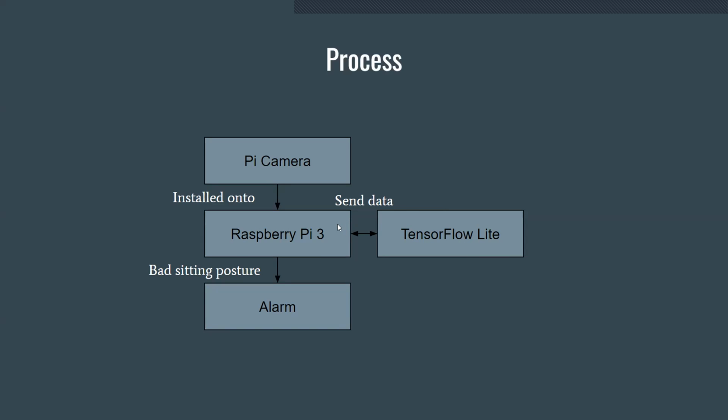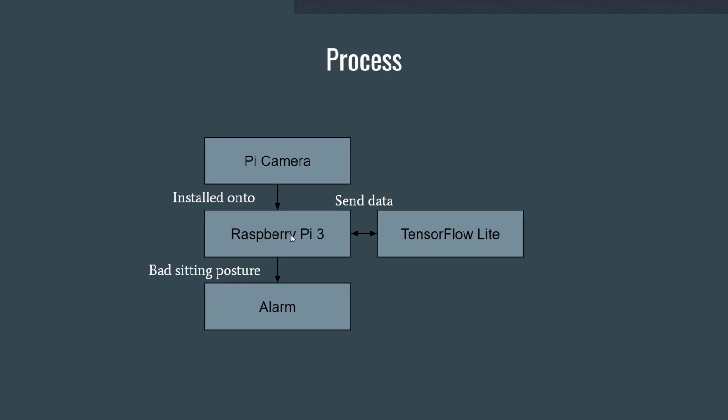And Raspberry Pi will use the data to alarm the user. We use a triangle method to calculate the sitting posture.